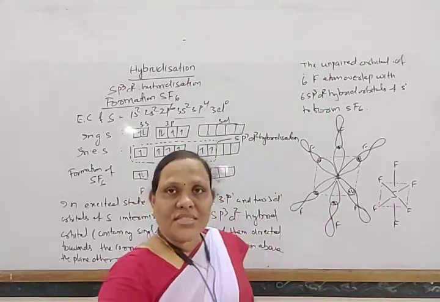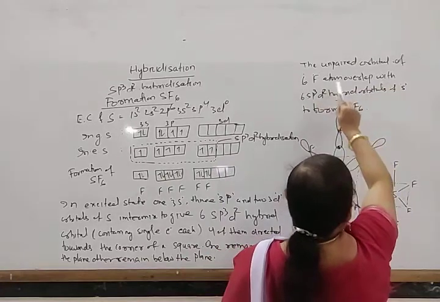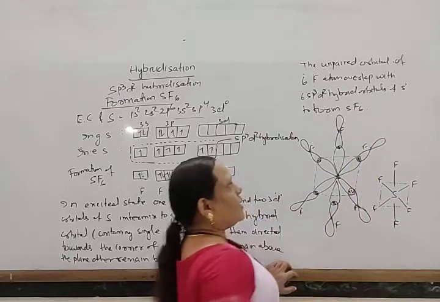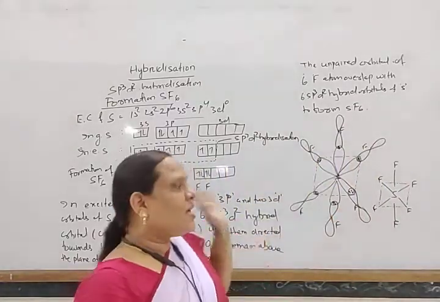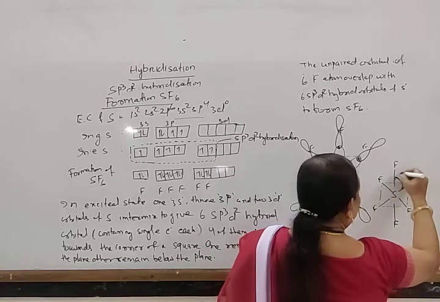All contain a single electron. The unpaired orbitals of the 6 fluorine atoms overlap with the 6 sp3d2 hybrid orbitals of the sulfur atom to form SF6.